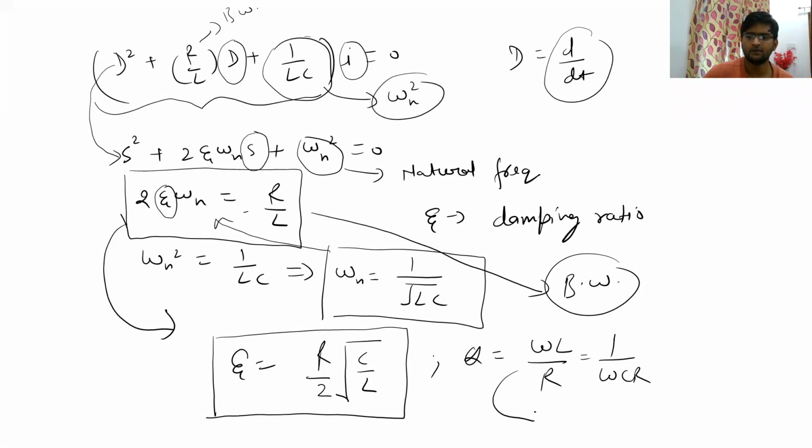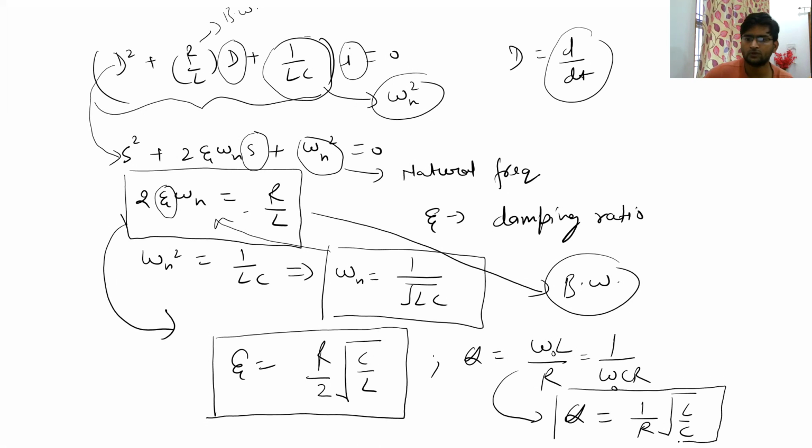Here omega naught was the resonant frequency. So if we put the value of omega as 1 upon under root LC, we will find Q is equal to 1 by R under root L by C.